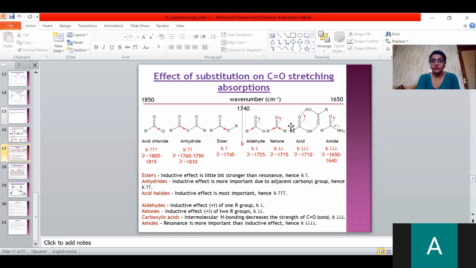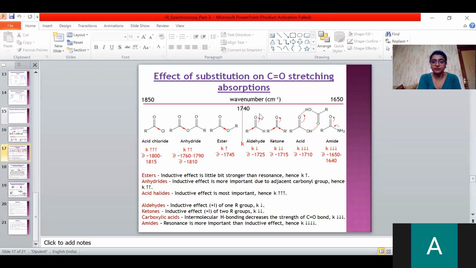Now, moving on to the other side of the average value, that is from this 1740 value to the right hand side, aldehydes. Aldehydes contain one alkyl group, and you know alkyl groups show positive inductive effect, I plus. So this plus I effect is pushing the electrons towards carbon, and in consequence, this carbon is pushing the electron towards the oxygen.